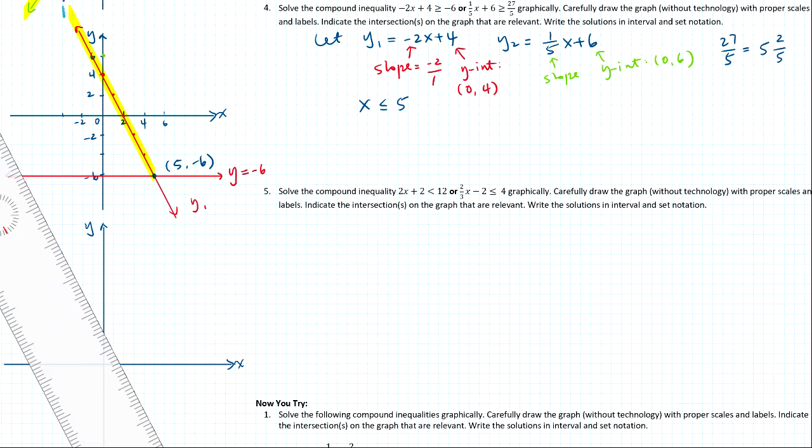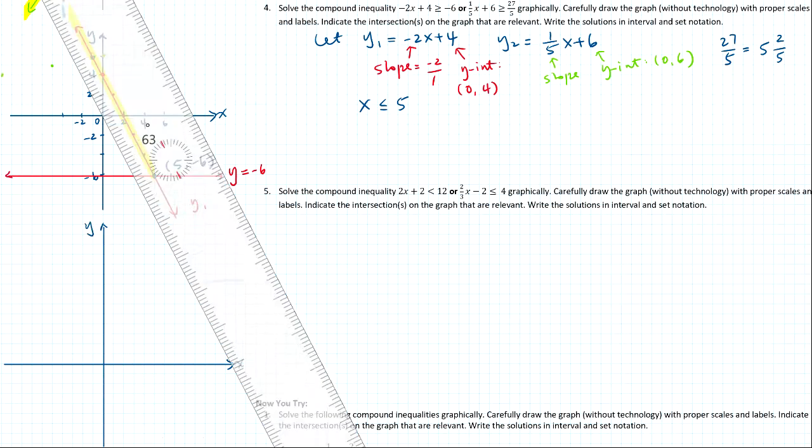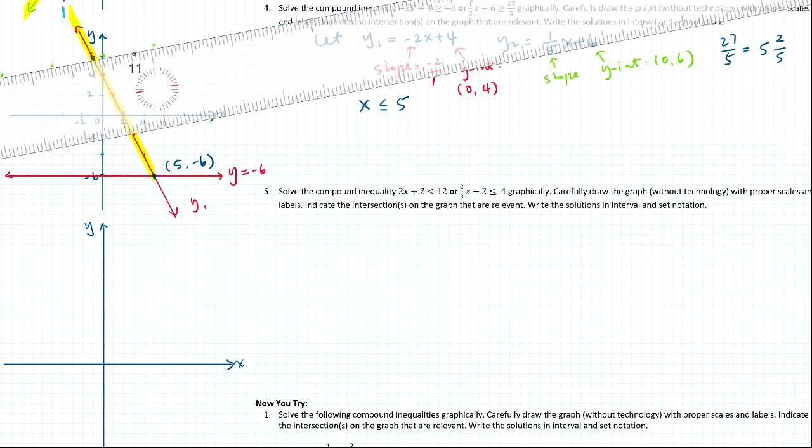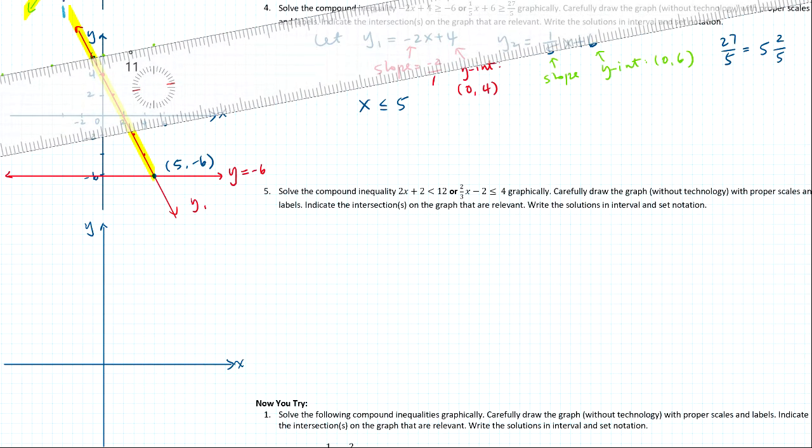So we have 1, 2, 3, 4, 5. And similarly, go down by 1, I should go over by 5. 1, 2, 3, 4, 5. Right over here. And you can do one more in the further right direction. That would lead you here. And if we connect the points, we would get this line.